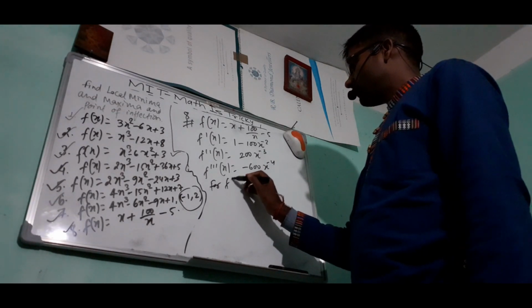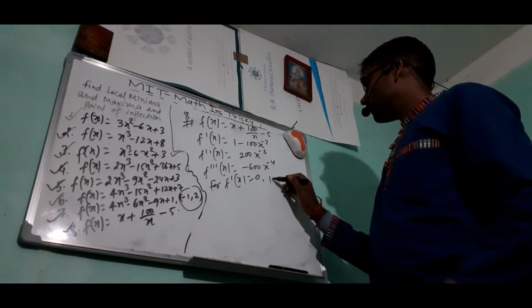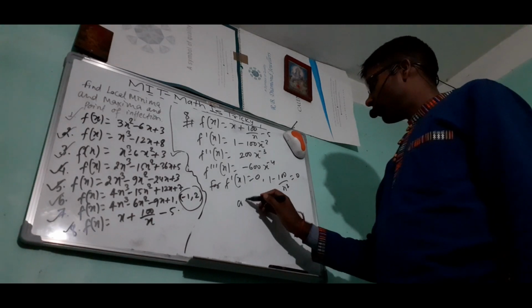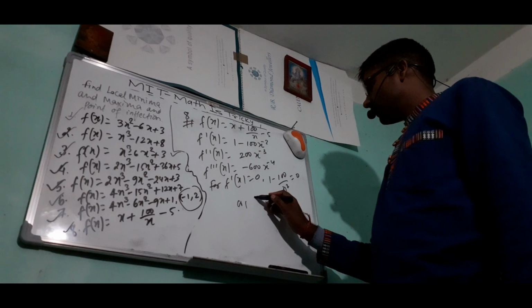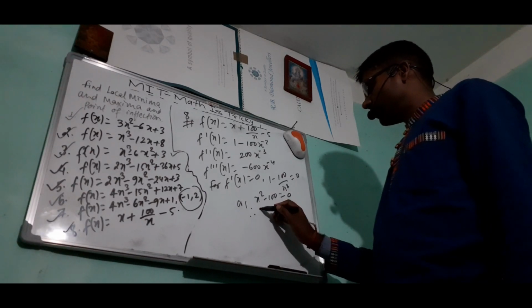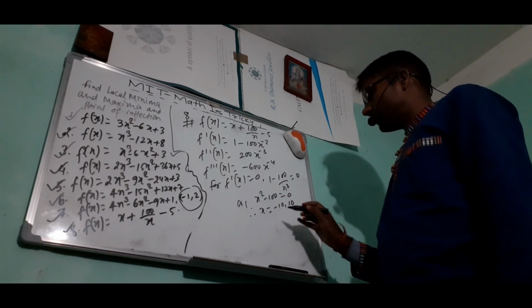And for f'(x) equals 0, we get 1 minus 100 by x squared equals 0, or we can write x squared minus 100 equals 0. Therefore x equals minus 10 and plus 10.